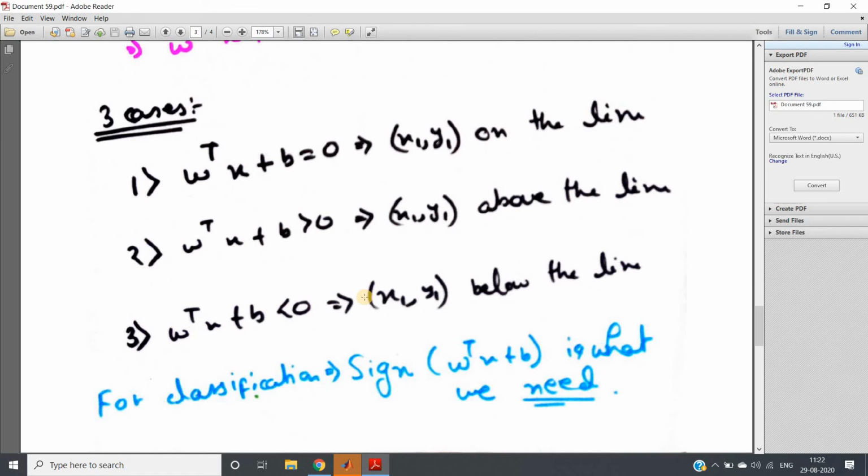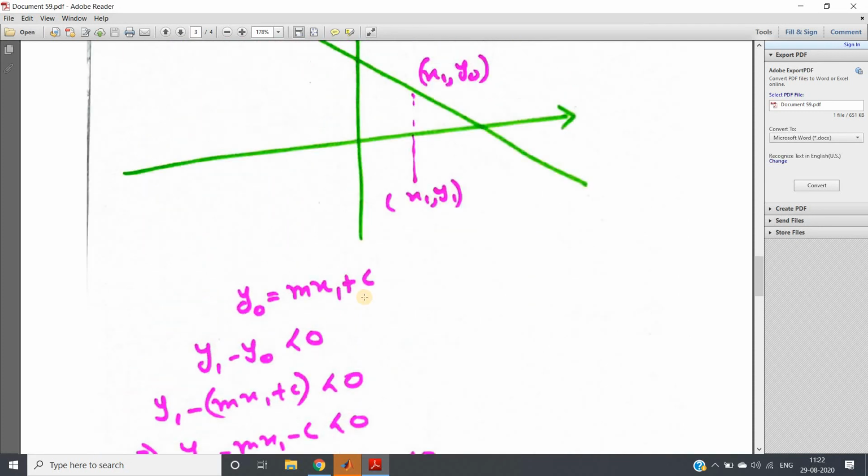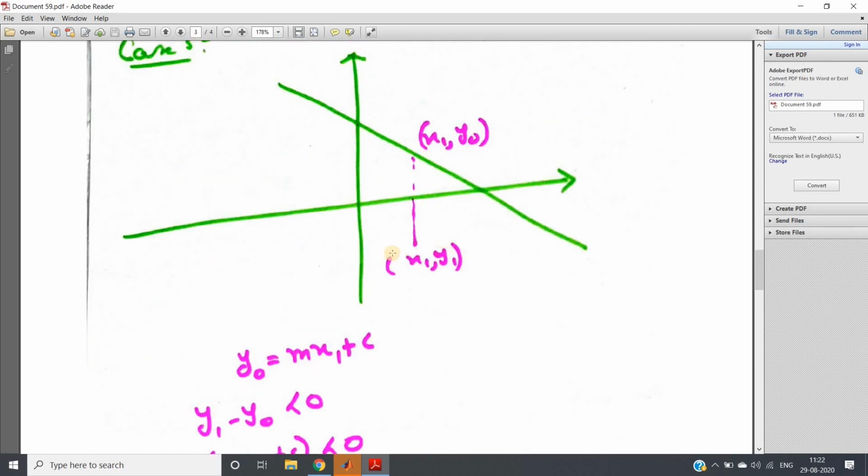So this is what I want to say. Although we are not considering the magnitude part, here comes the concept of magnitude. Suppose for any new point, after substitution into the equation omega transpose x plus b, you are getting a negative value. For one point you get minus 1000, for another point you get minus 0.1.